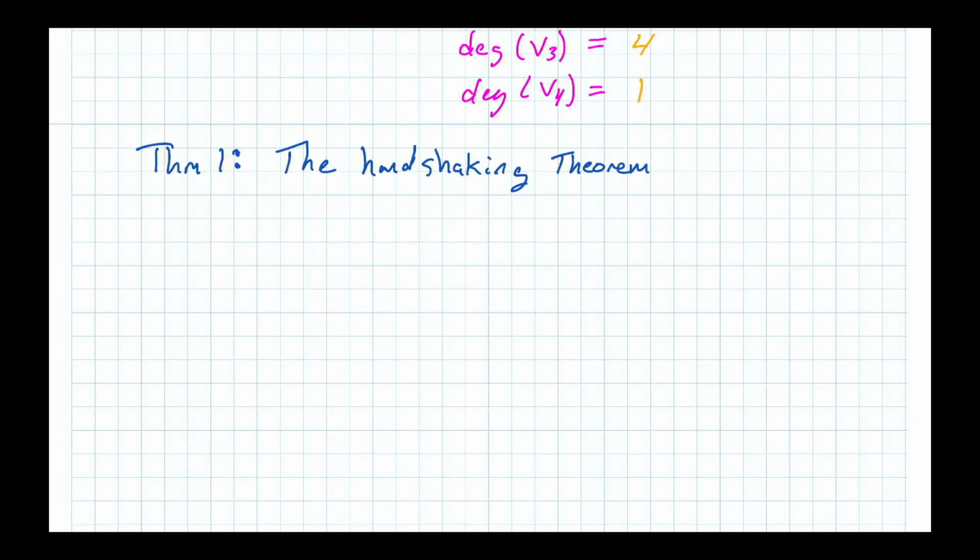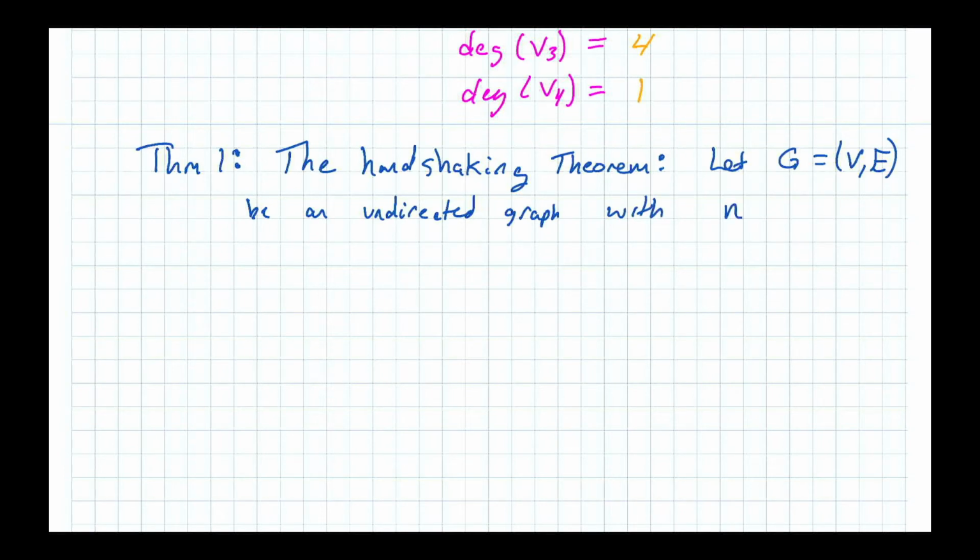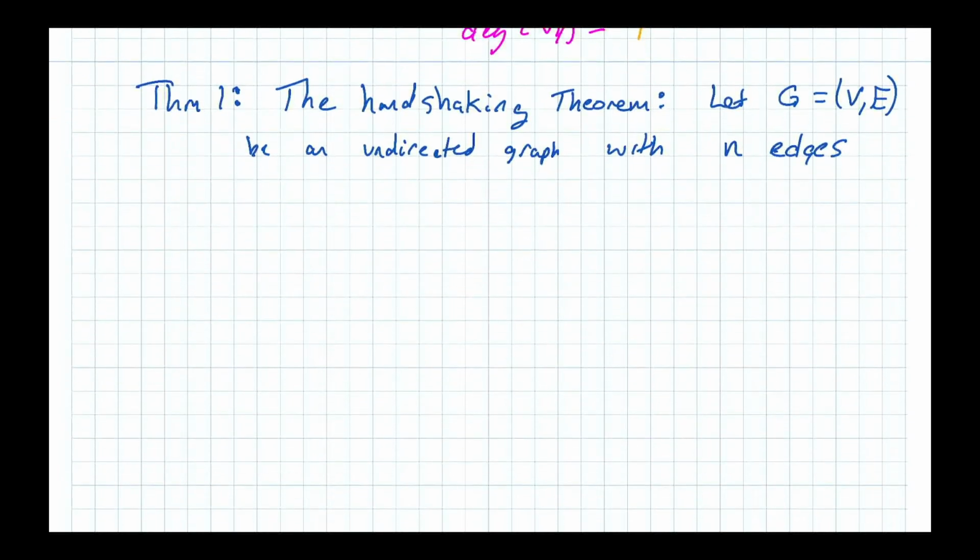The handshaking theorem. Let G equal (V, E). Remember that a graph is defined with a vertex set and an edge set. That's what V and E are, the vertices and the edges. Let G be an undirected graph, because we haven't talked about directed graphs, with, and this is important, m edges, because this theorem is going to deal with counting edges.